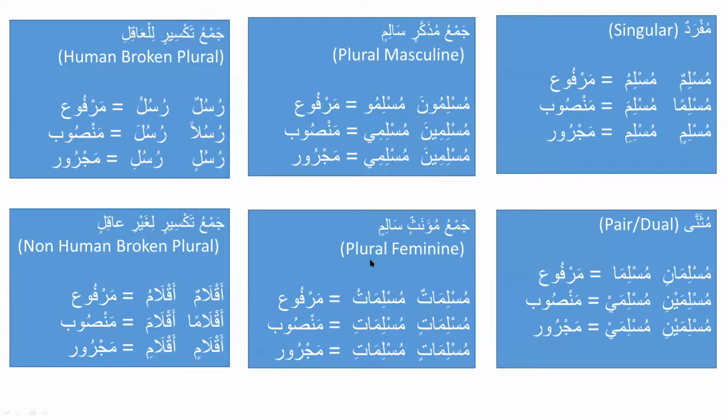Jam'u muannas salim, plural feminine words. The singular is Muslimatun, but the plural is Muslimatun. So the atun is the heavy sign ending combination. Atu is ending combination, but light.